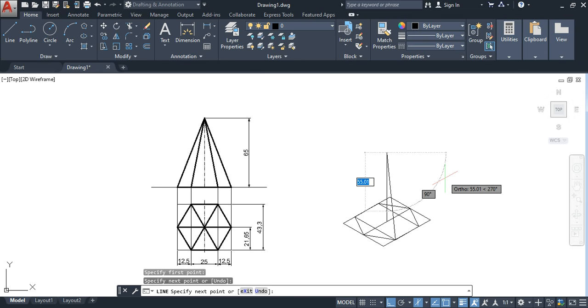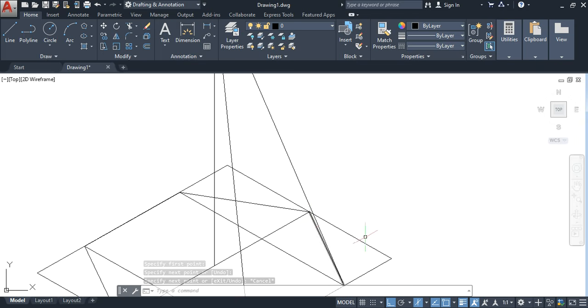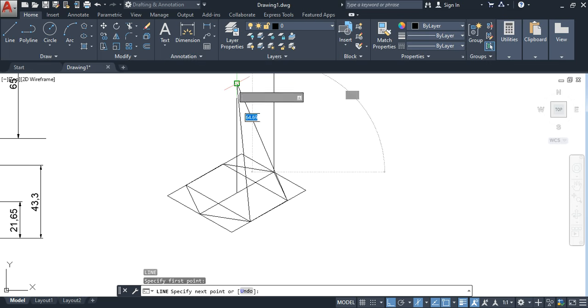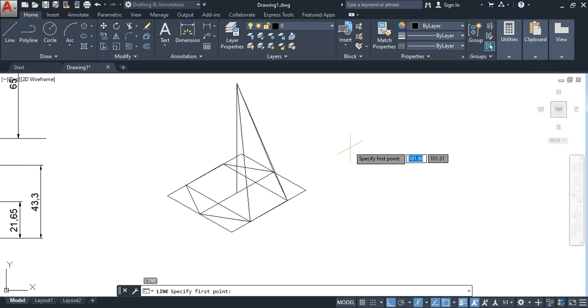And next from this point to this point you have to join, and after that you have one more corner point here. If you see this point, from that also you have to join. So just select this point, and from here you have to join, and once again this is there.